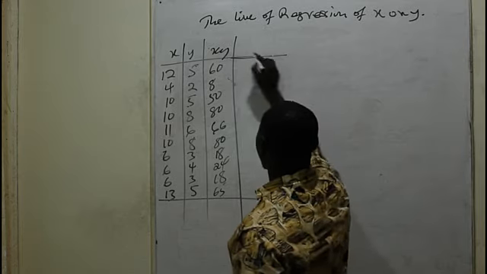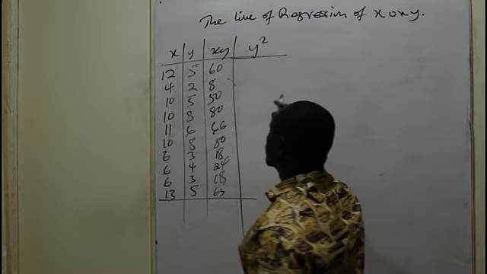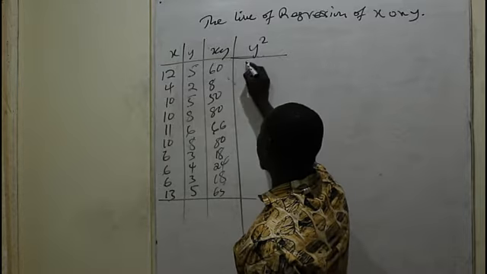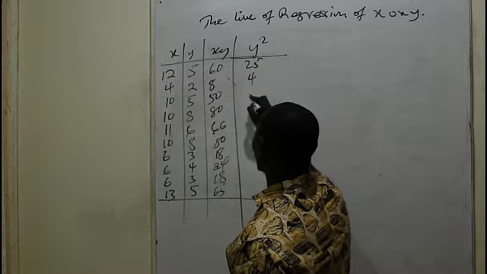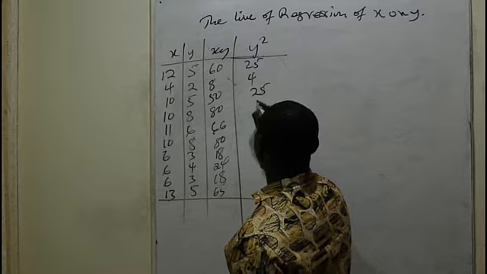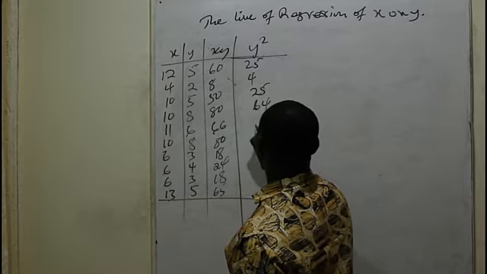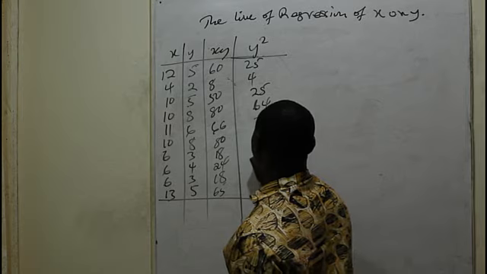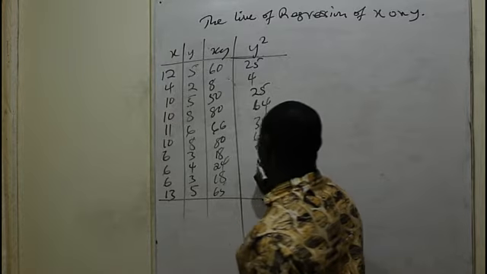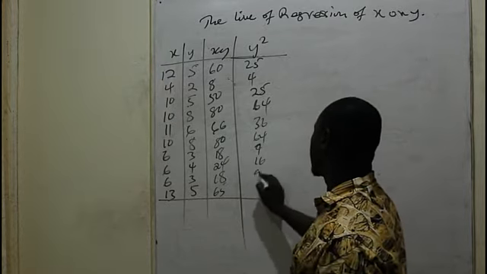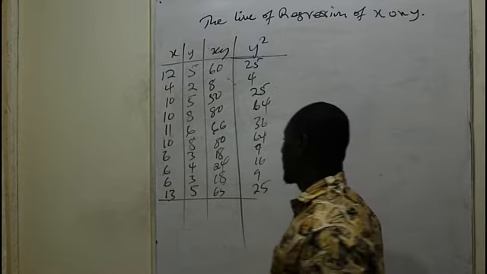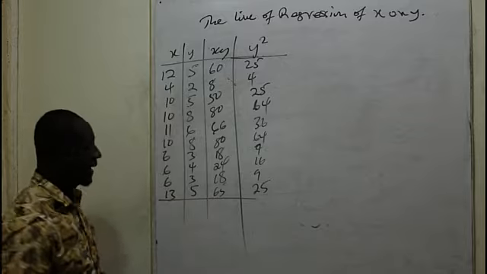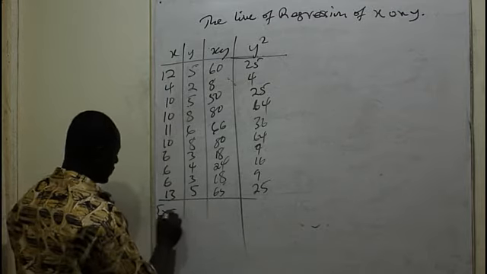Now we have to find y squared. Try to find the squares of y's. So when you find the squares of y, 25, 4, 25, 64, 36, 64, 9, 16, 9, 25. And so when we are done, we find the summation of the x values.